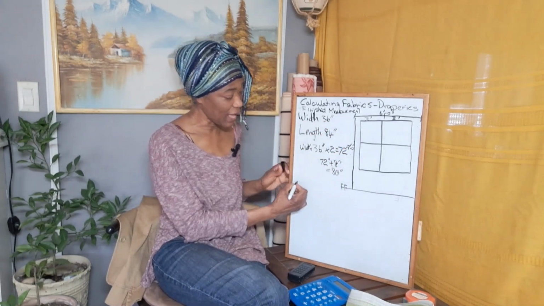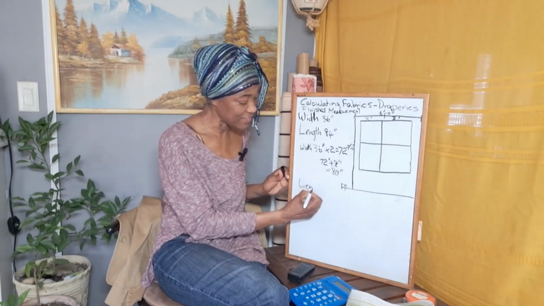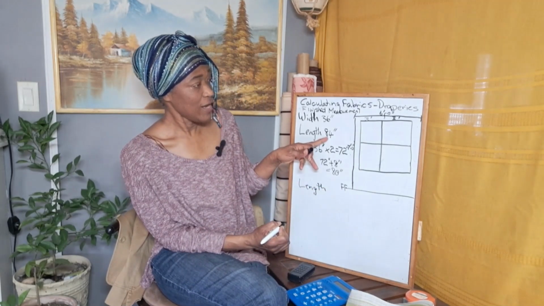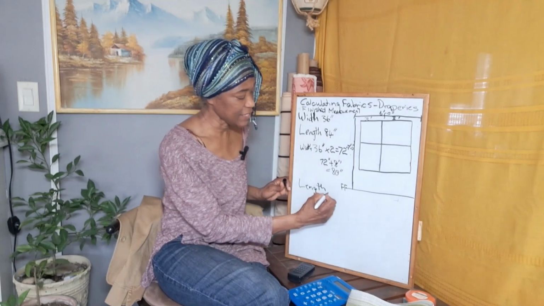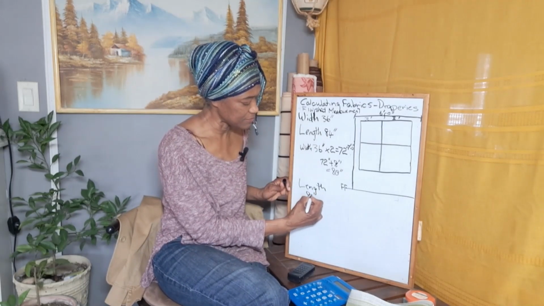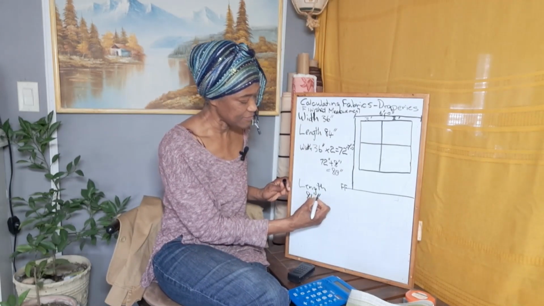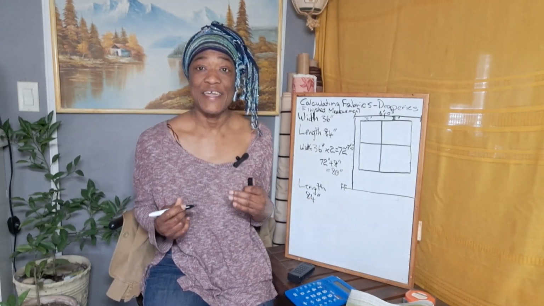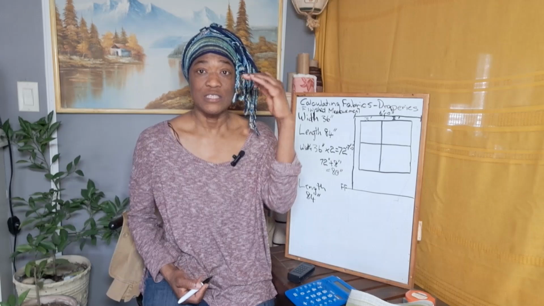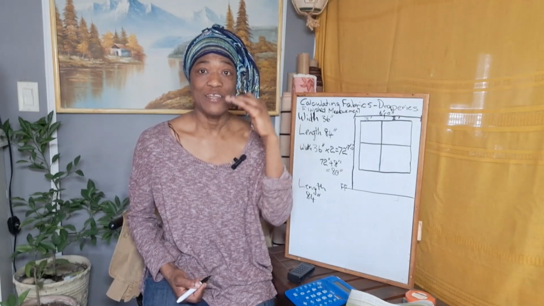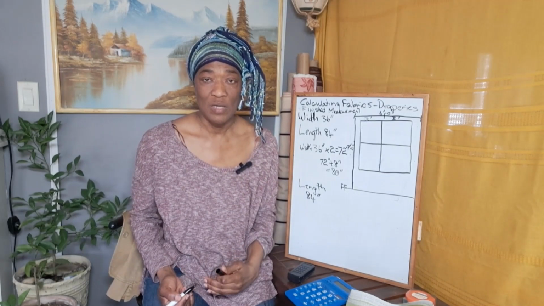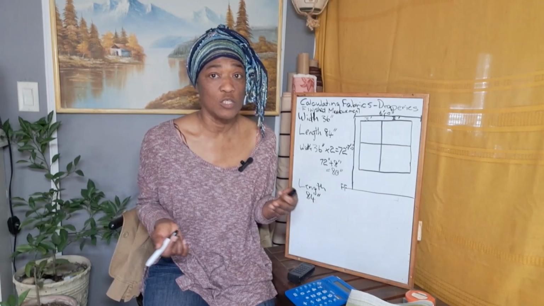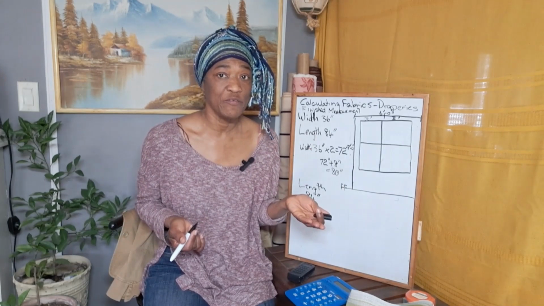Now let's look at the length. Our finished length is 84 inches. What we need to do now is add increments for our top hem and our bottom hem. Now you can use a 3-inch double hem if you want. You can use a 2-inch double hem if you want.